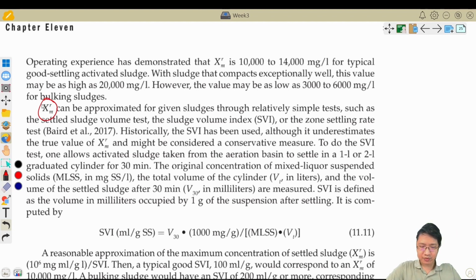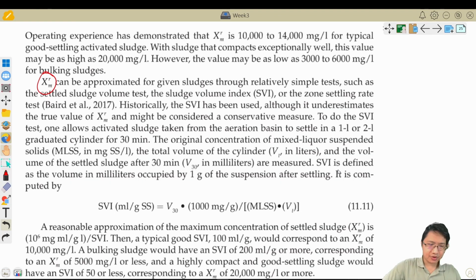The SVI is based on the definition of a period of time, such as V30, for 30 minutes.